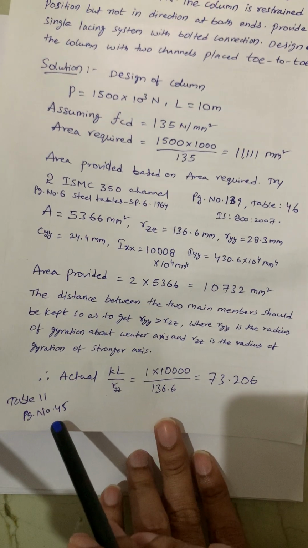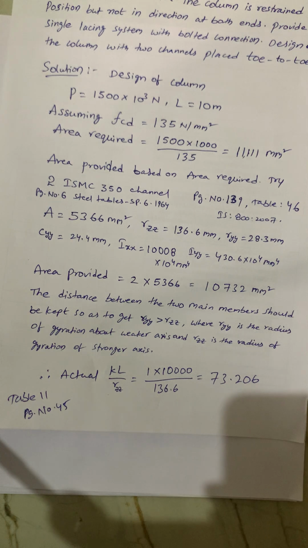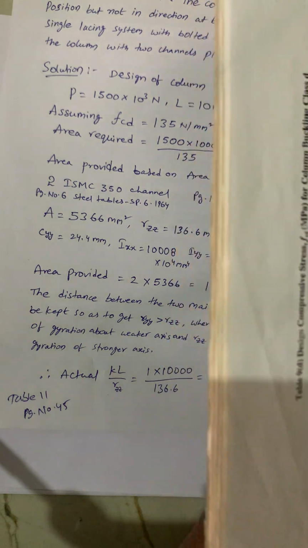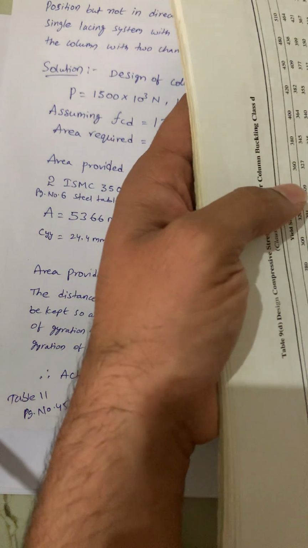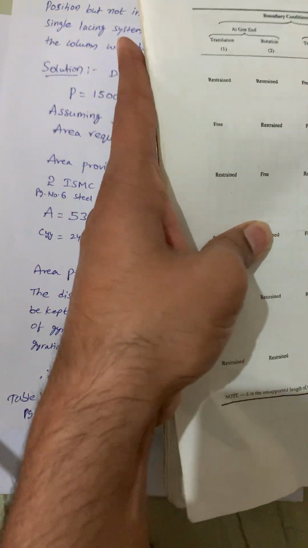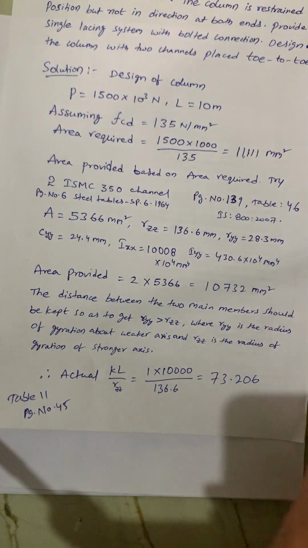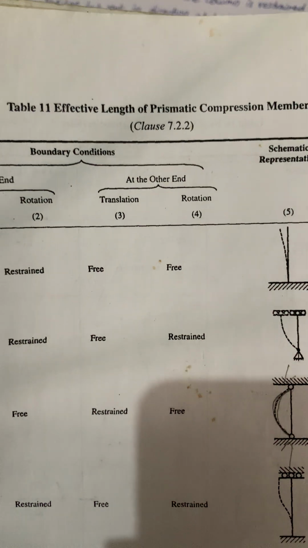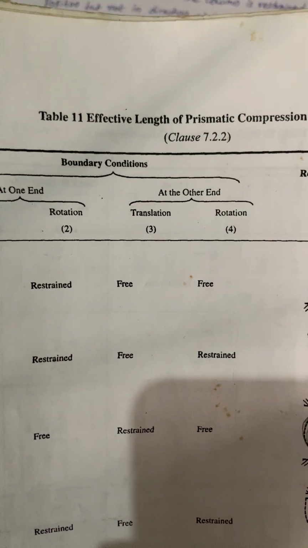I'll show you page number 45, Table number 11, IS 800 2007. See, this is Table number 11, effective length of compression members. Why are we choosing this section?